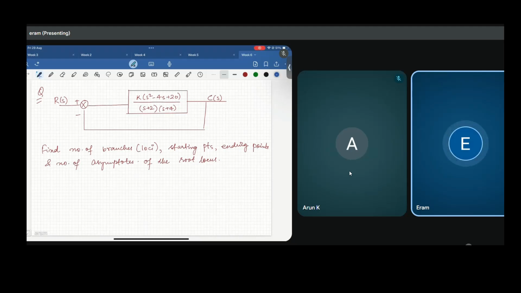Okay, from the block diagram, we are provided with nothing but the open loop transfer function. The open loop transfer function is k times s square minus 4s plus 20 divided by s plus 2 and s plus 4.